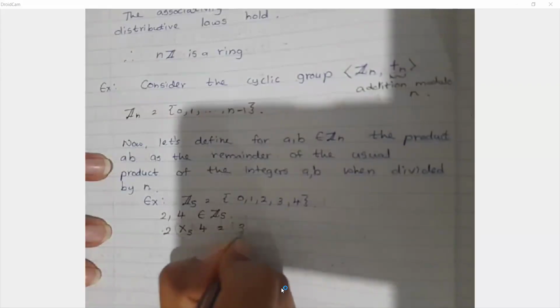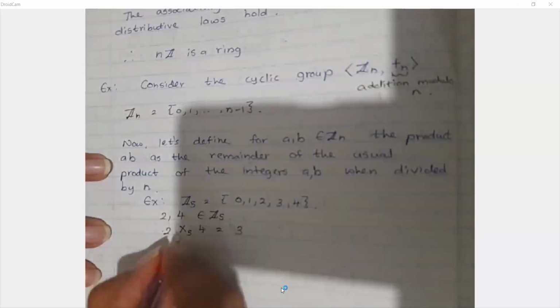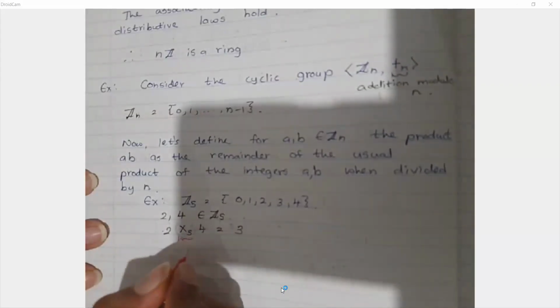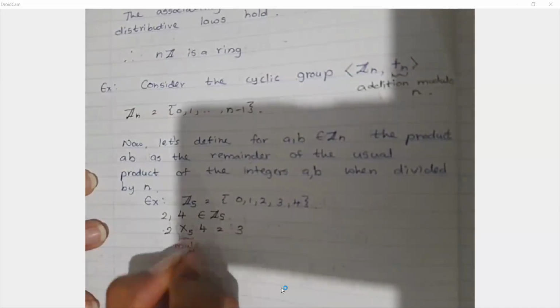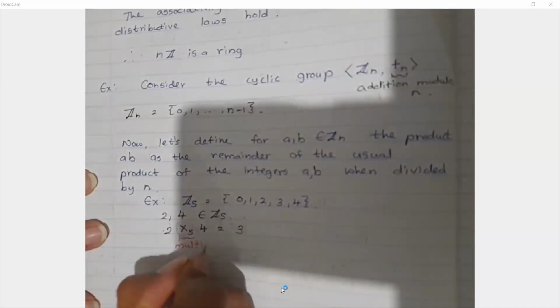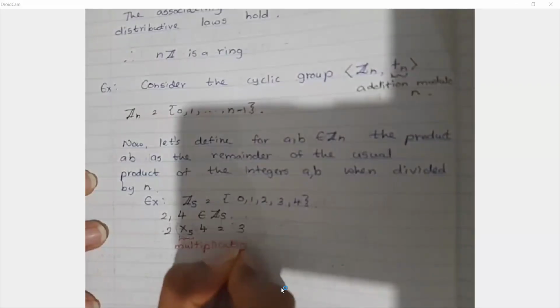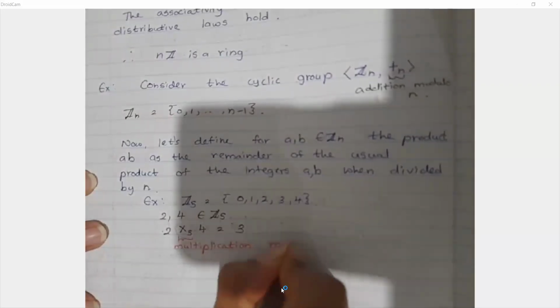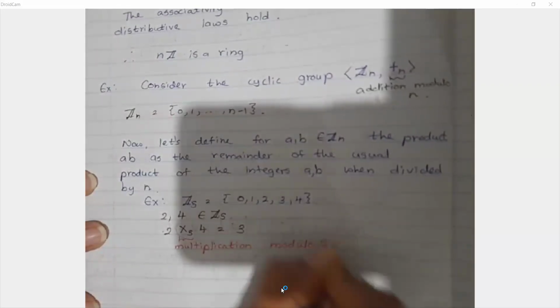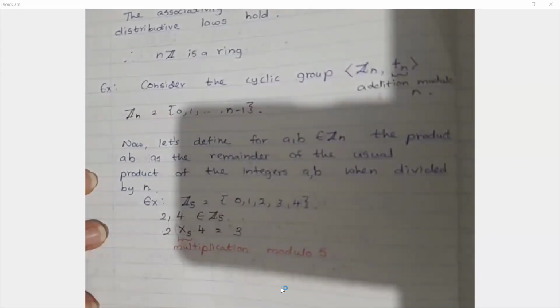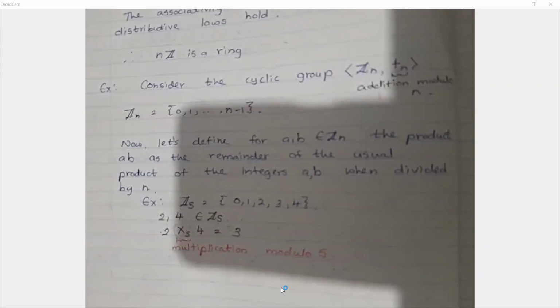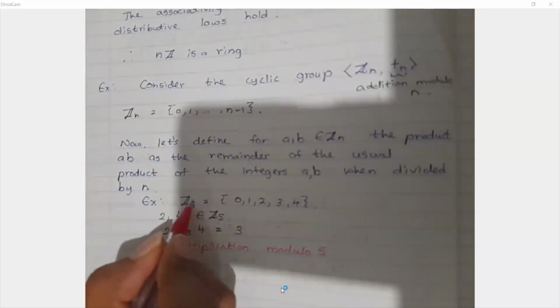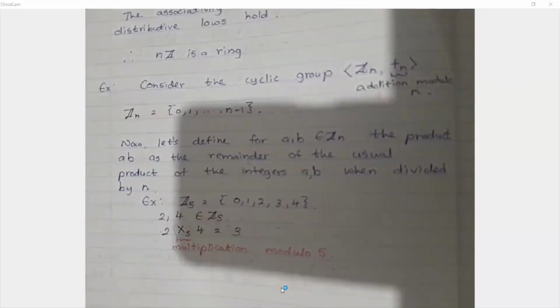So 2 times 4 under this multiplication gives you 3. This we call multiplication modulo 5. Take the two integers, multiply, divide by 5. Why do we divide by 5? Because we are considering Z5. If it was Z8, we divide by 8. If it was Z10, we divide by 10 and take the remainder.